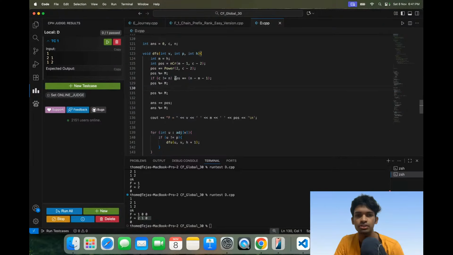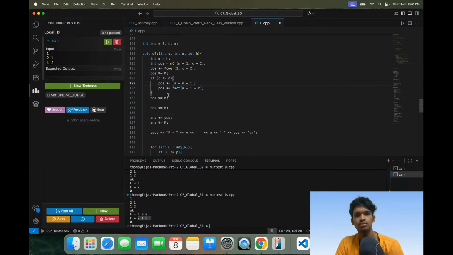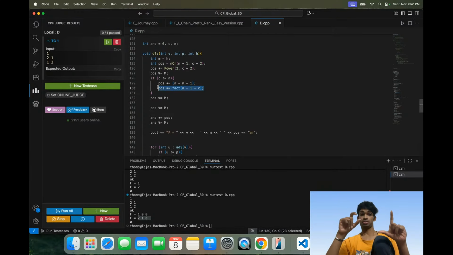So I will keep this also inside. If C equals to n, what about this thing? You have placed everything on the path. C equals to n. I have placed everything till here.